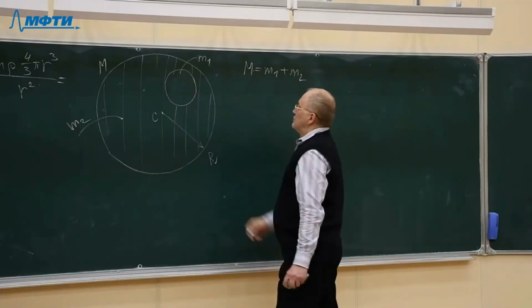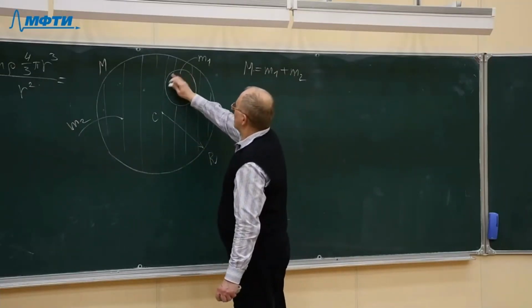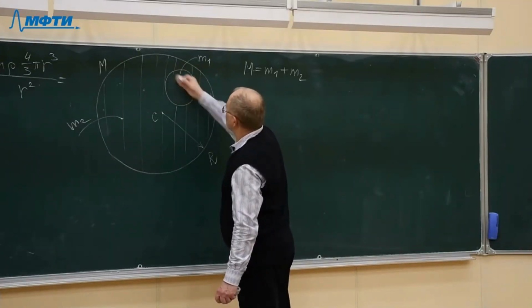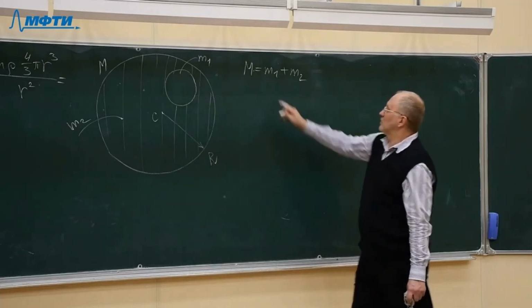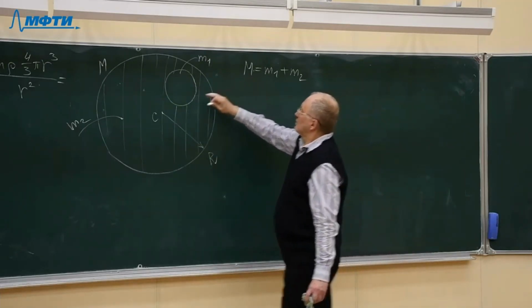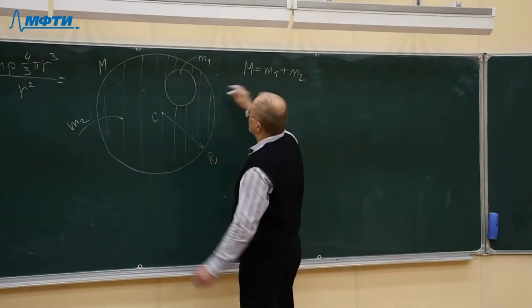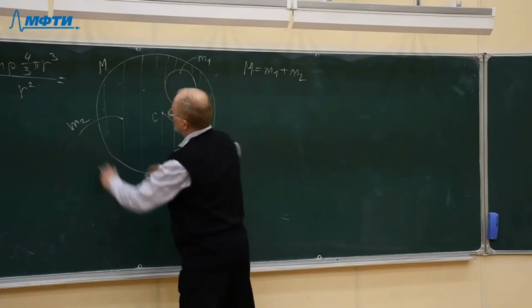But we know that the cavity was created, somehow the matter was taken out of this volume, and so we have a hollow spherical space inside this sphere M. So the final mass, when this mass M1 was taken away, the final mass of the remaining body is M2.